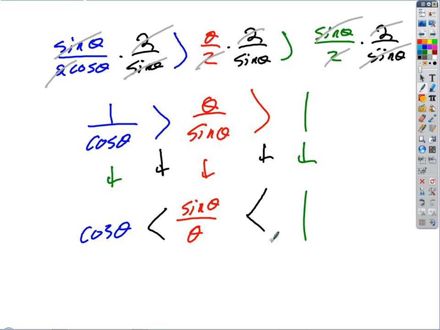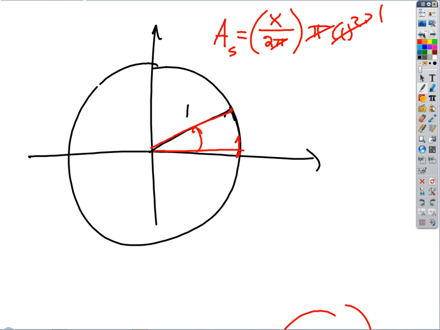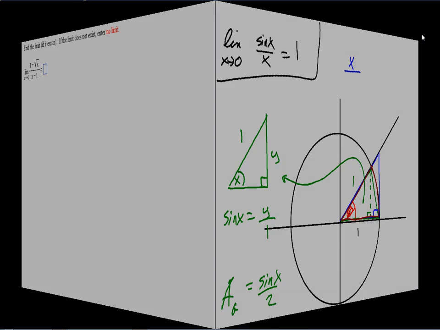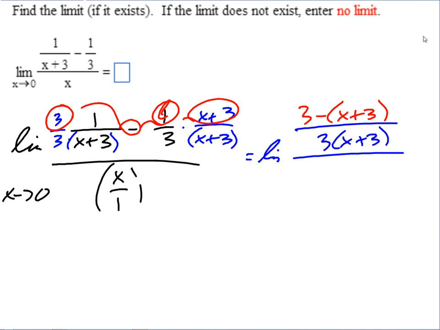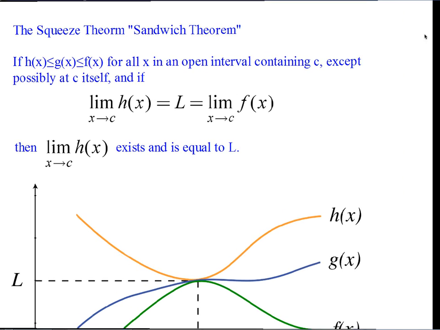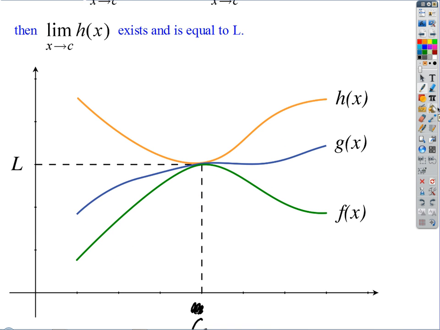Okay, now, this comes down to that little sandwich theorem that I drew for you, and you probably forgot about. We didn't do anything with it. So here's our sandwich theorem, or the squeeze theorem, whatever you want to call it.